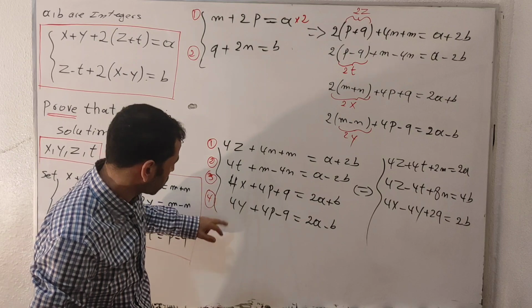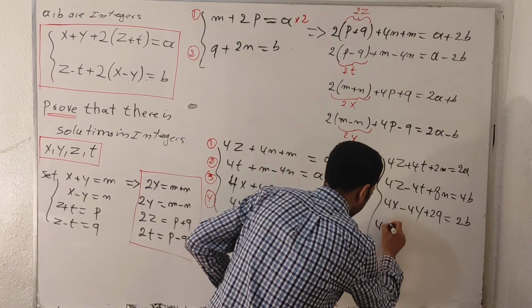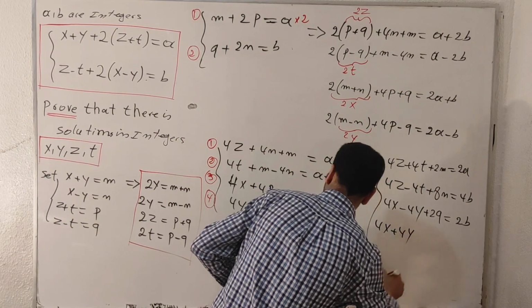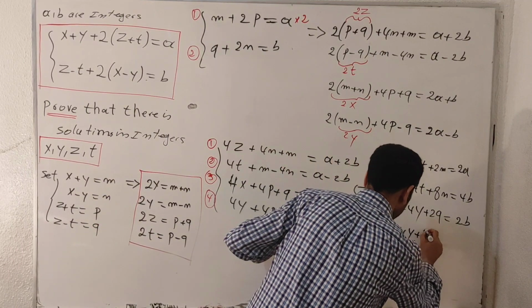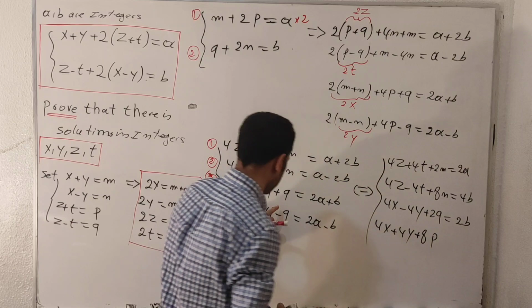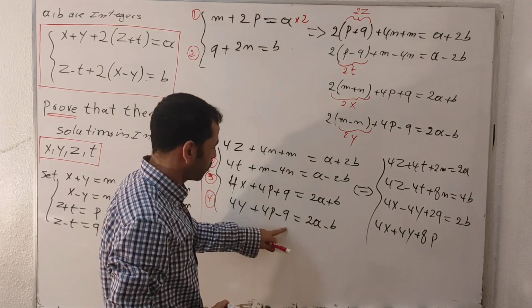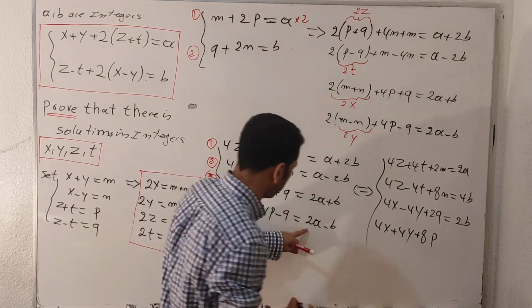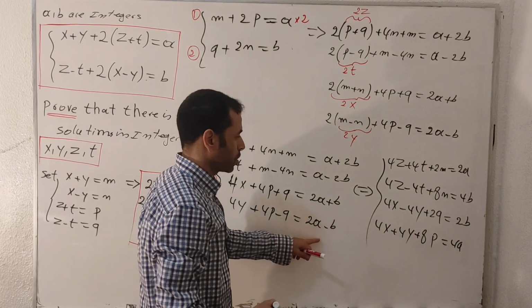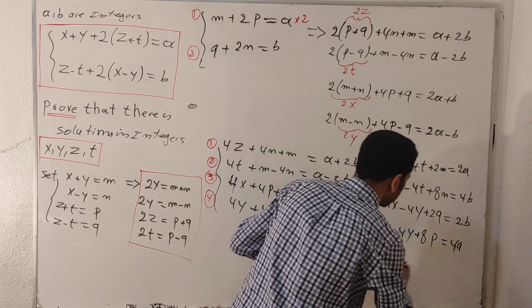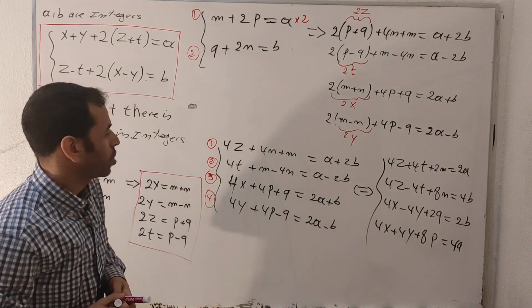Lastly, we'll have 4x plus 4y. I will get plus 8p. Q will be eliminated because one is positive, the other one is negative. This one I will get 4 equals 4a. B will be cancelled out. So I have ended with this fourth equation.